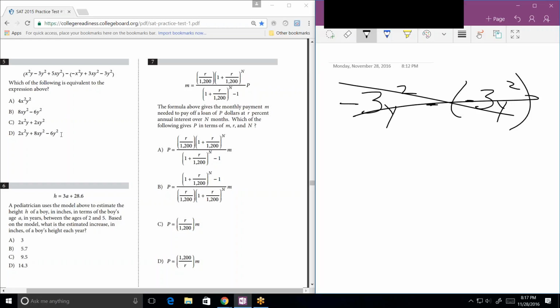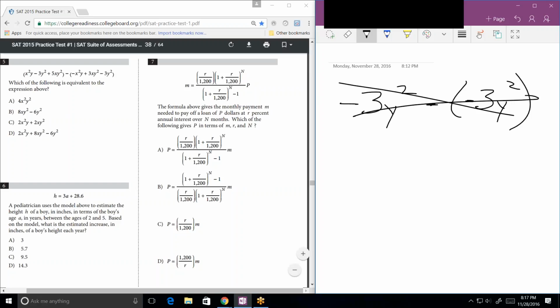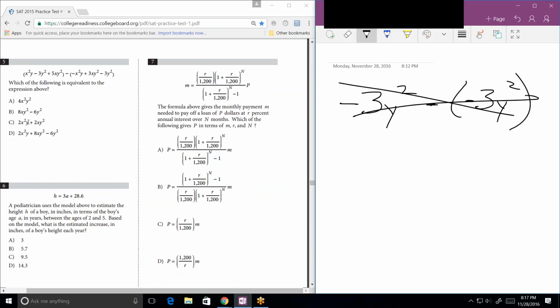And then we don't have any y squareds. They canceled one another out, so it can't be D. So there's only one thing left, C, without even figuring out how many x, y squareds there are. There's 5 there, and there's negative 3 over here. So that's why there's 2, but we didn't even need to go that far.